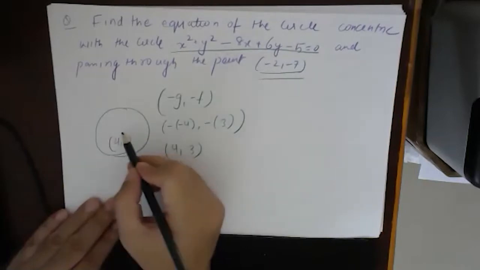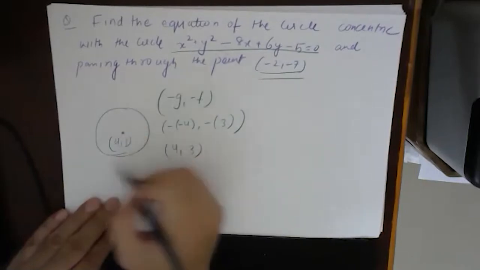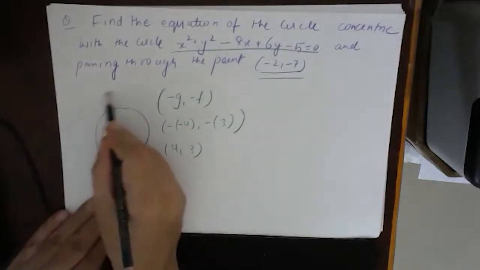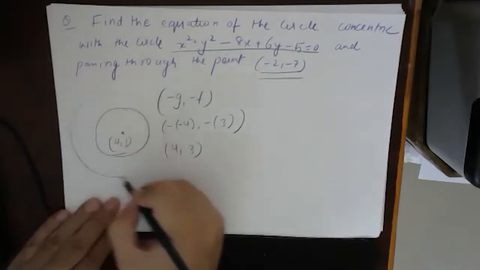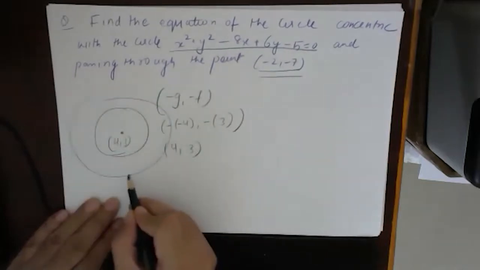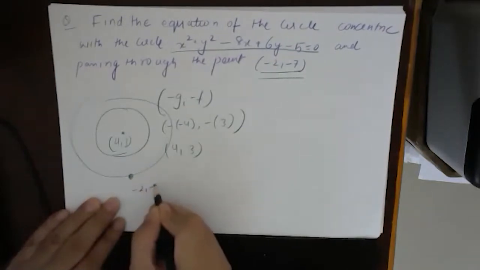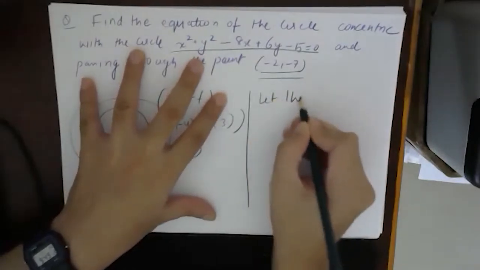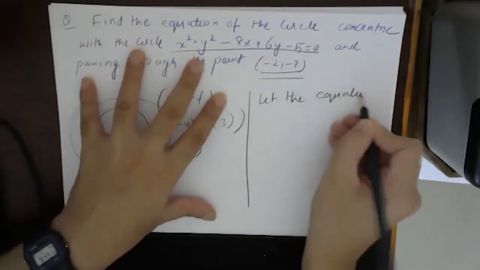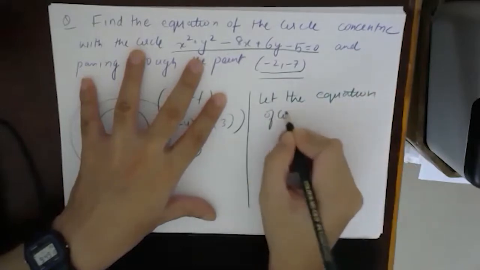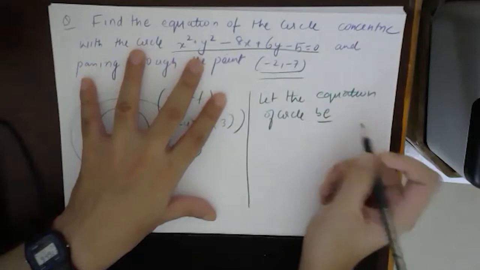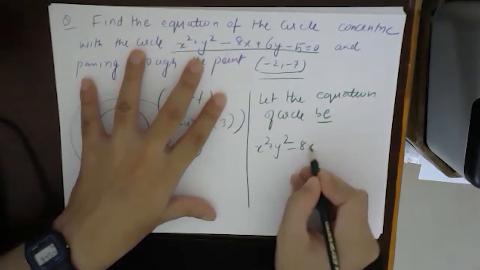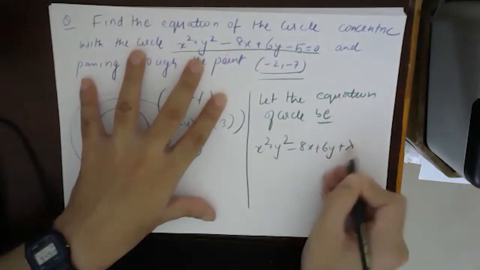If I write the equation of the circle which is concentric with this circle, suppose the circle is something like this, and it is passing through the point minus 2 comma minus 7. So let the equation of the circle be x square plus y square minus 8x plus 6y plus lambda equal to 0.